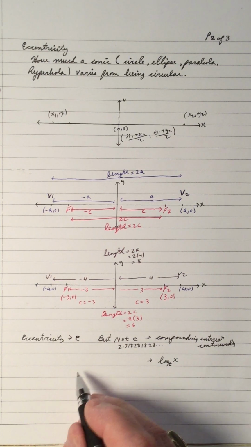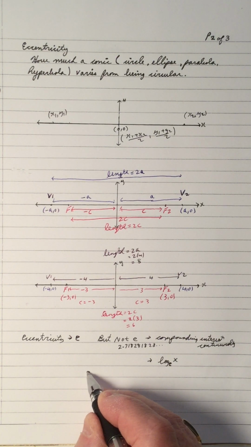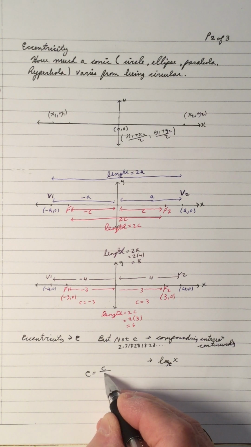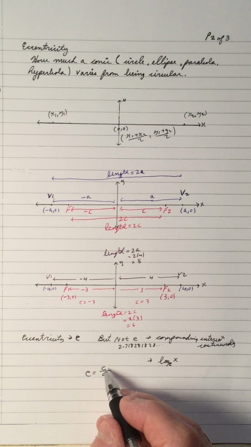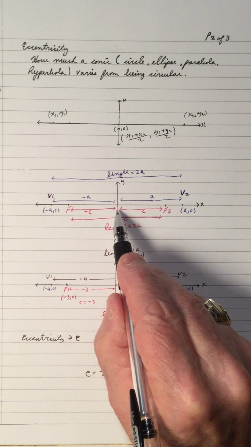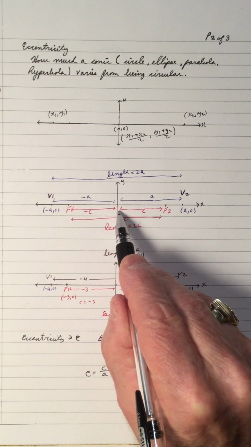And the eccentricity in the conics, the e is the c over the a. So the eccentricity is a ratio. C is the distance from the center to the foci.